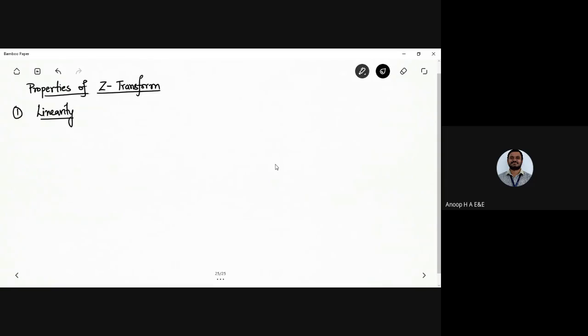Okay, so let me take two signals here, x1 of n and x2 of n. I can take the Z transform of x1 of n, and I can take the Z transform of x2 of n. I can call this X1 of z and this one X2 of z.